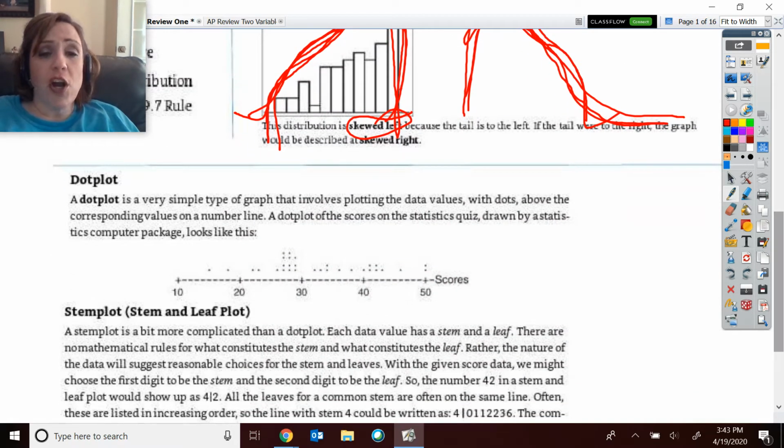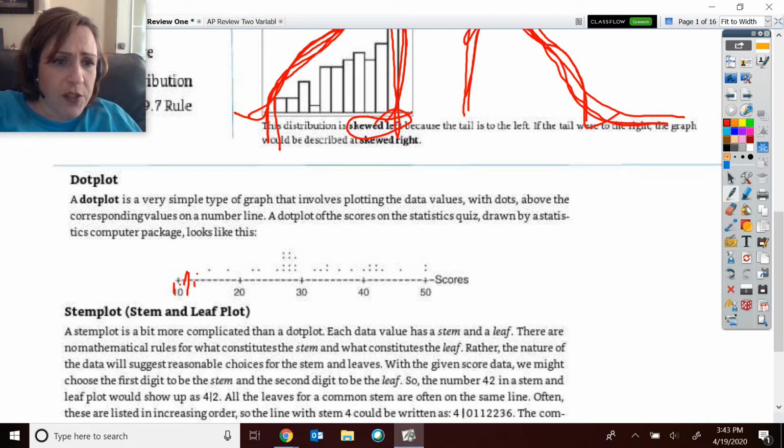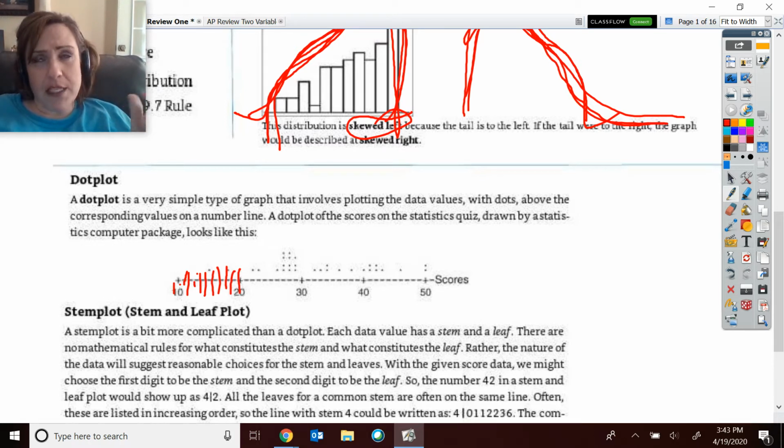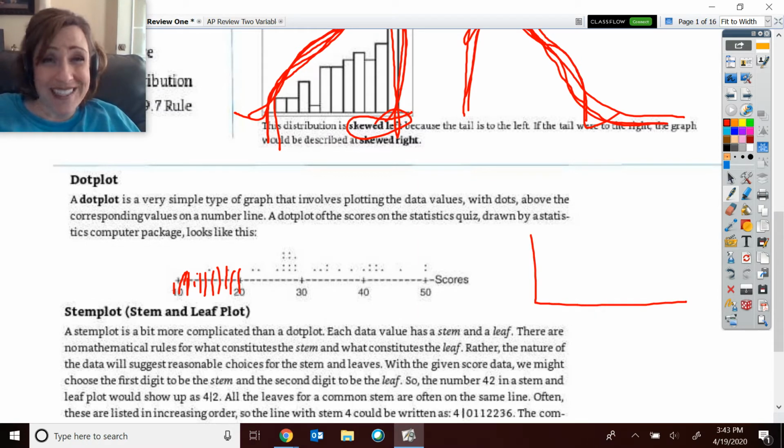All right, for our dot plot, we know that we have all of these individual dots. Typically you just have, like, there's 10 and then 11, 12, 13, 14, 15, 16, 17, 18, 19, 20. One thing about the dot plot is you are able to see the individual values. When we've been making our quote-unquote dot plots, we've kind of been putting them into bins.